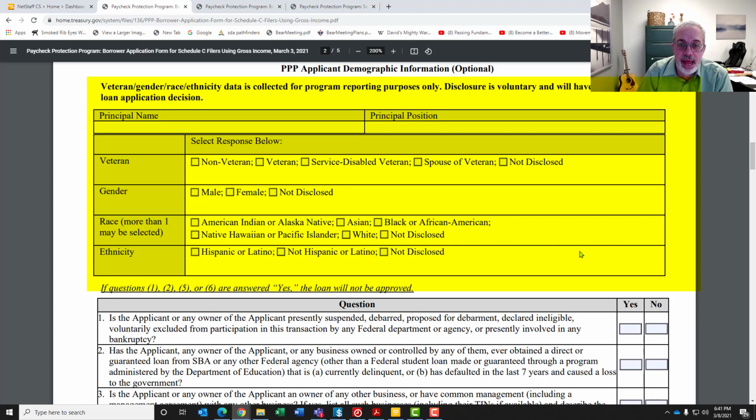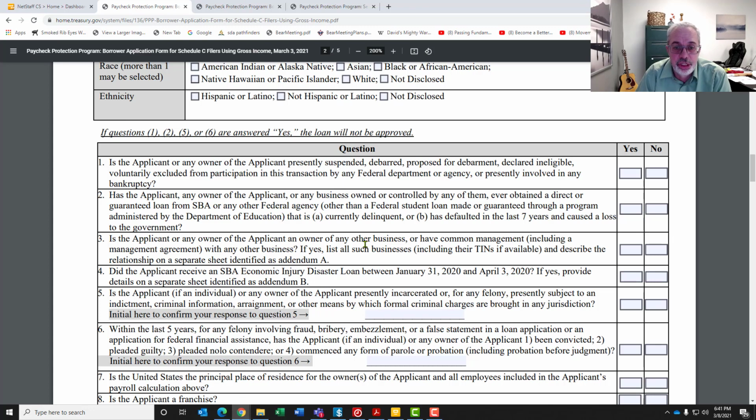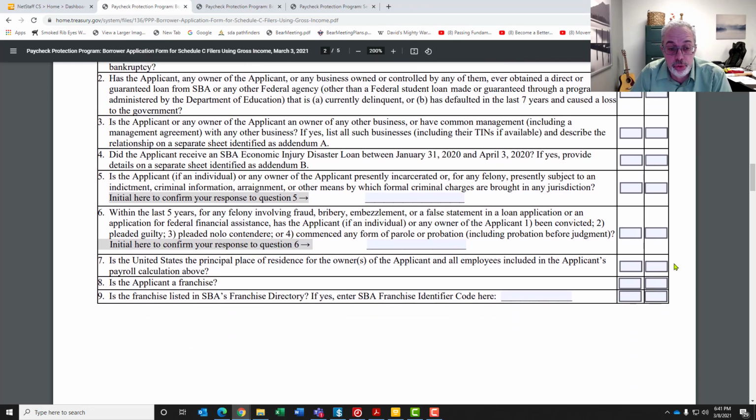We do not have to answer this. That's up to you. But this section right down here, starting with number 1, this does have to be answered, and you do need to go through these and answer these honestly. They have loosened some of this up, but you still have to answer, and if you don't, well, they're not going to process the loan. So make sure you do this.